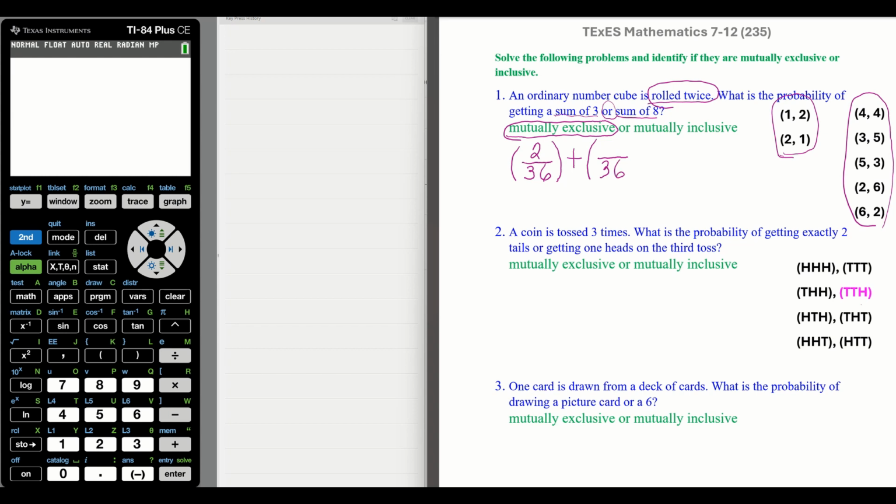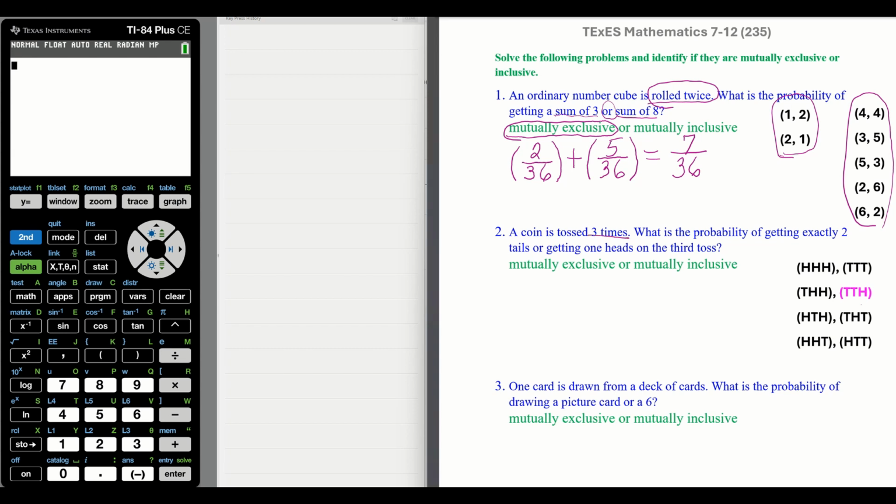That's 36 possible outcomes, and we have 5 outcomes that add up to 8. So we just simply add these together, and we're going to get 7 out of 36.